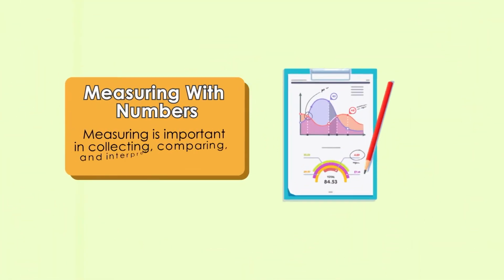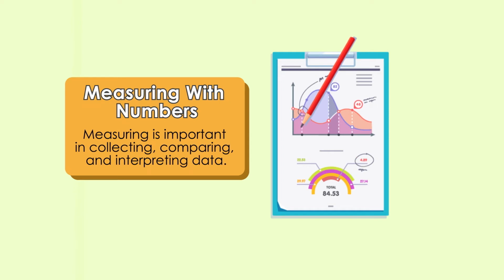Thirdly, measuring with numbers. Measuring is important in collecting, comparing, and interpreting data. It helps us classify and communicate with others. For this skill, the metric system should be used to help understand the scientific world.